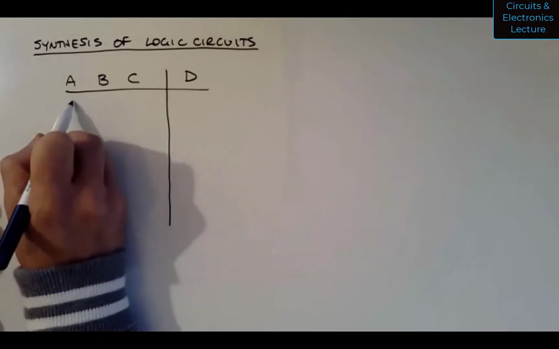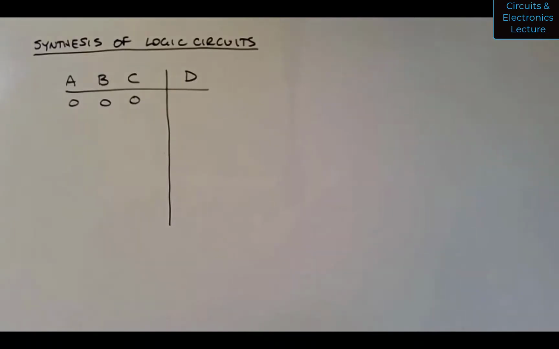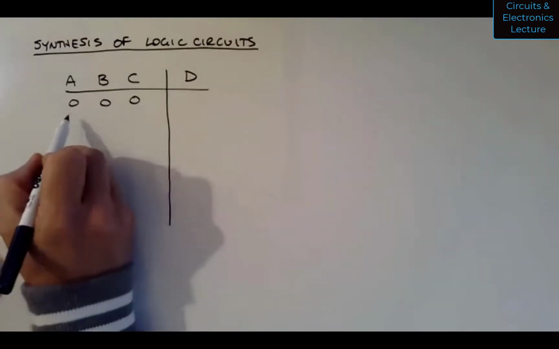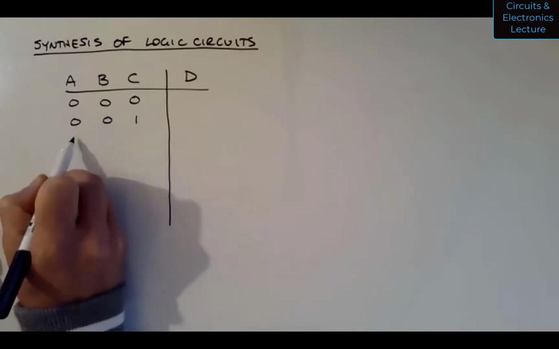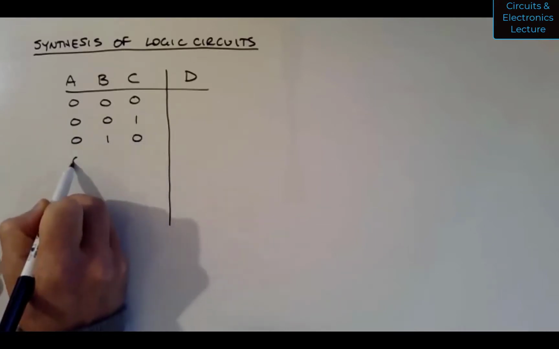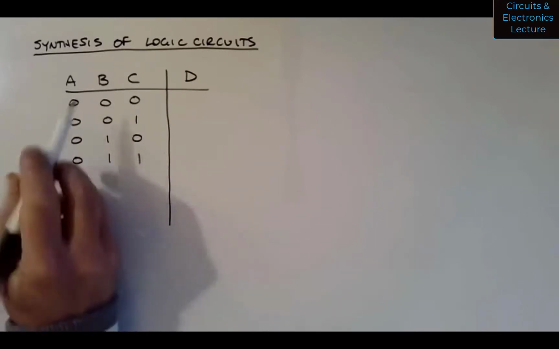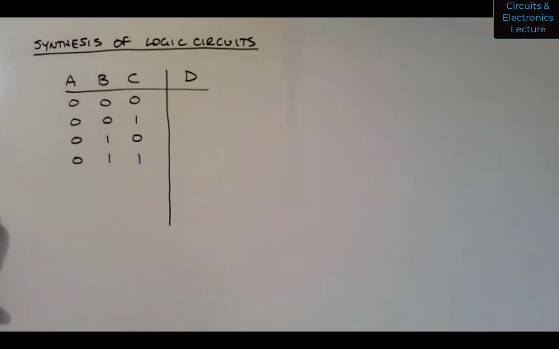So you start off with a truth table, and we have to list all possible combinations of the inputs. So again, you start at 0 and you start counting up in binary. I'm just counting up. This is 0, 1, 2, 3. I'm reading it off in decimal.